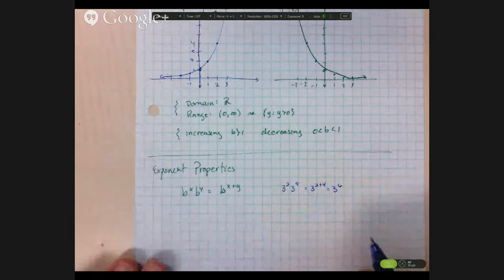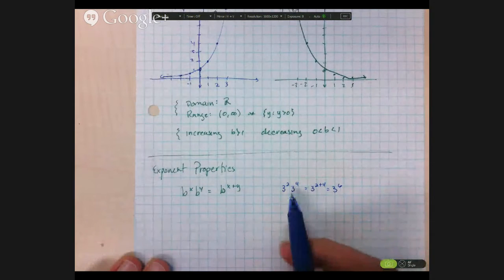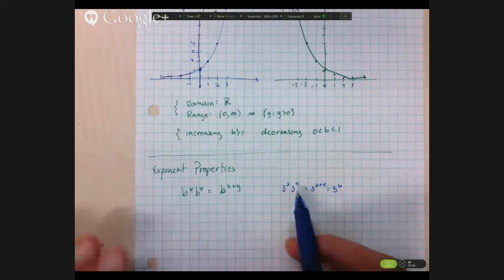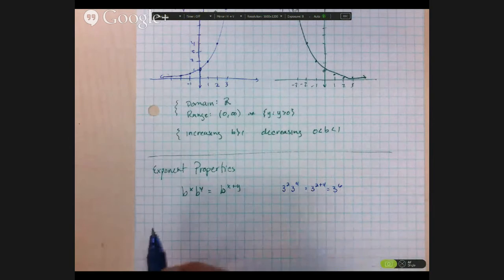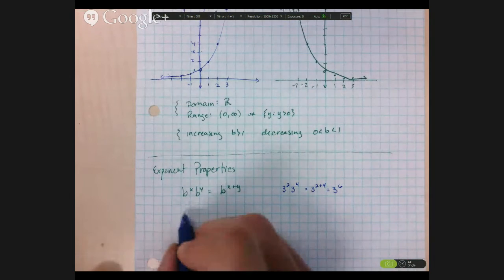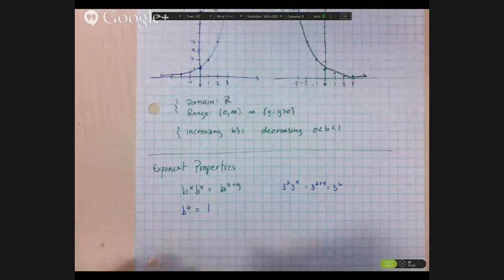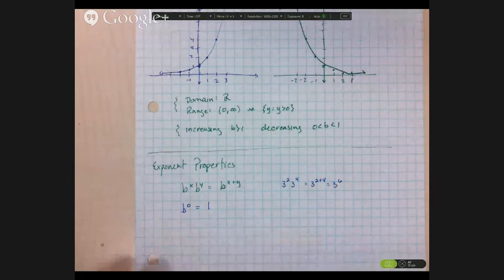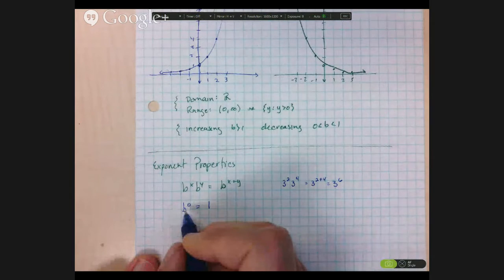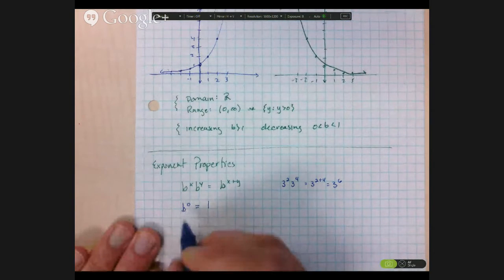Okay, so multiplied, same base, means add exponents. We're going to run into a lot of others that you just have to be automatic. Anytime a power is raised to 0 or an exponent is 0, the answer is 1. Okay, we have the product, 0, about quotients.